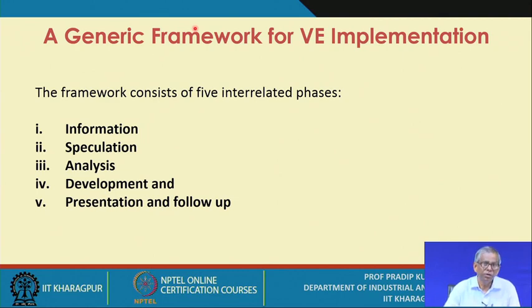Now we discussed a generic framework for value engineering implementations. Implementation is the last step, the 7th step, and as implementation is a difficult game, it's not that easy. So you have to follow a particular generic framework, and you must also know in advance what the possible problems are that you may come across while you start implementing such a project, and what mitigation measures you have against these problems.